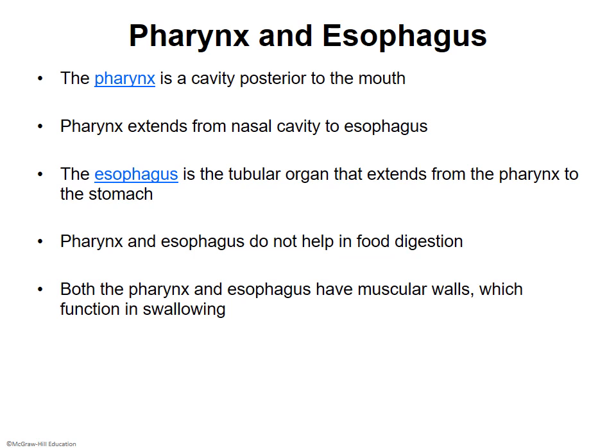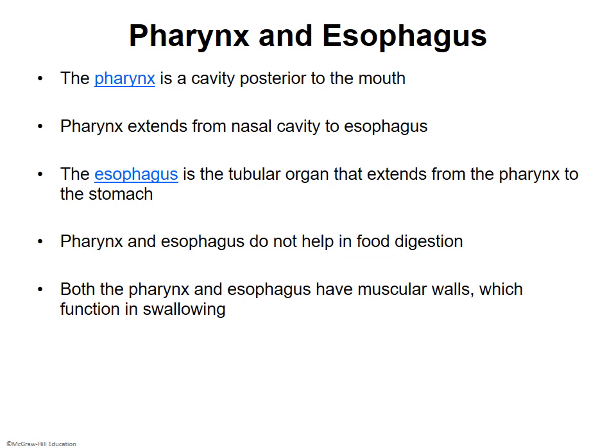Now, the pharynx, which we looked at in the respiratory system, is behind the oral cavity. It is going to extend from the nasal cavity to the esophagus. The pharynx has three portions: the nasopharynx, oropharynx, laryngopharynx, depending on the specific area where it was behind.